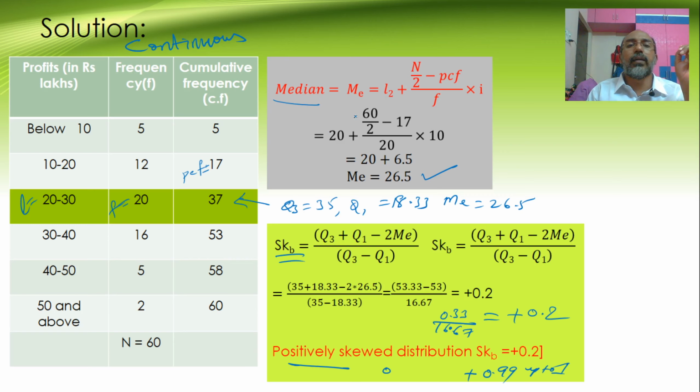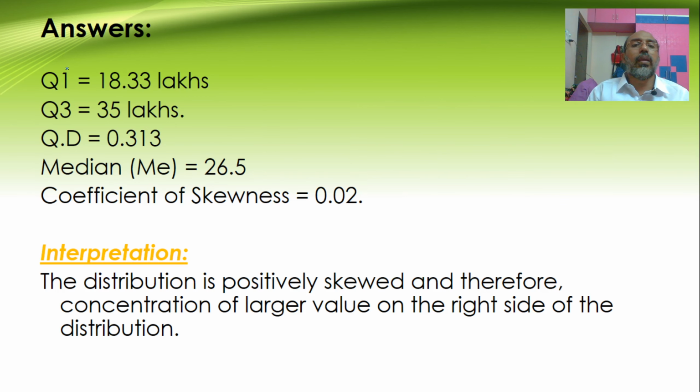So far we have calculated Bowley's coefficient of skewness for three types of data: individual data, discrete data, and this continuous data. The answers are simply mentioned here.